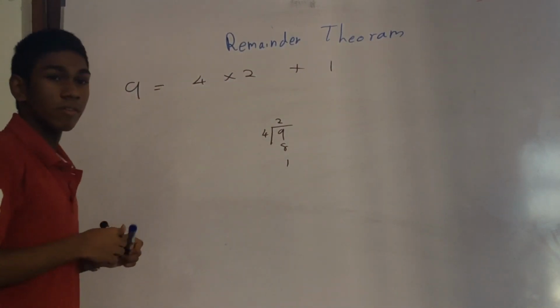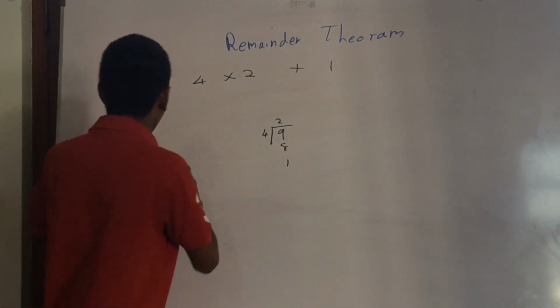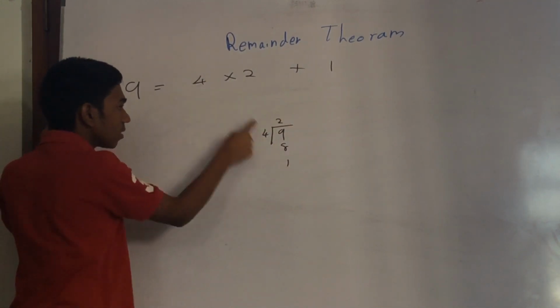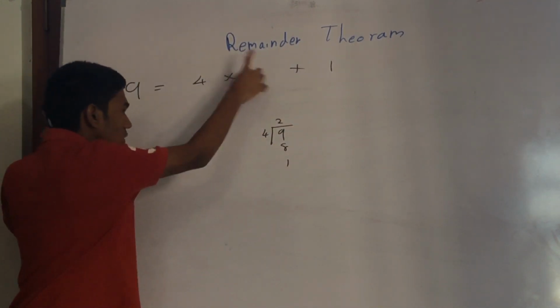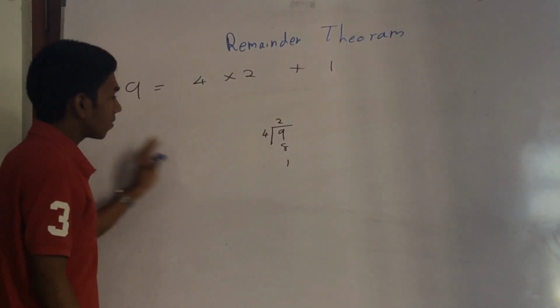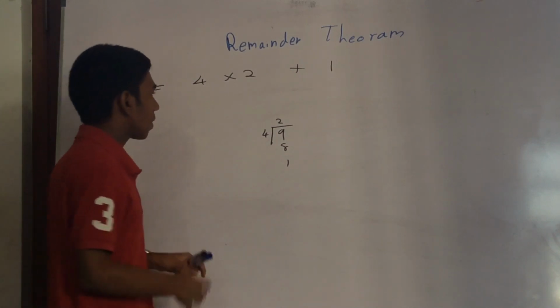Likewise, we can derive a formula for the remainder theorem as well, which is: dividend is equal to divisor, 4 is the divisor, into quotient plus remainder. 9 is equal to 4 into 2 plus 1.